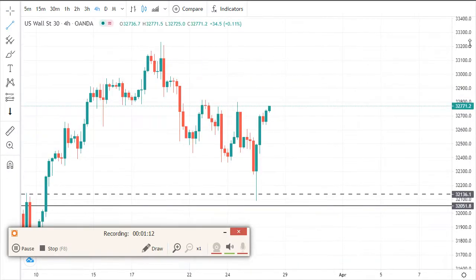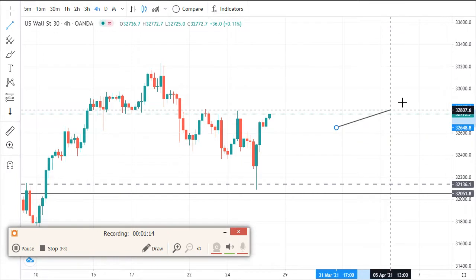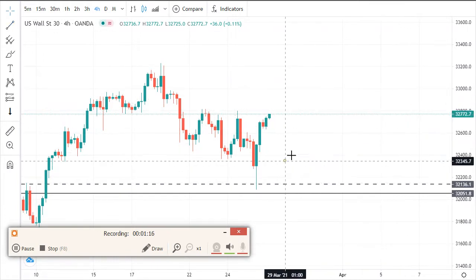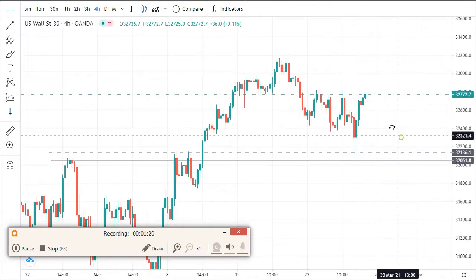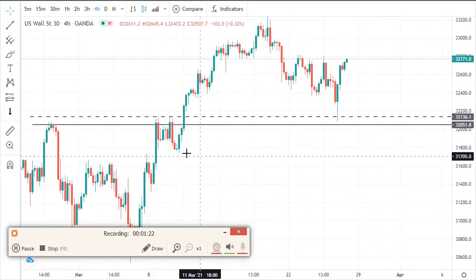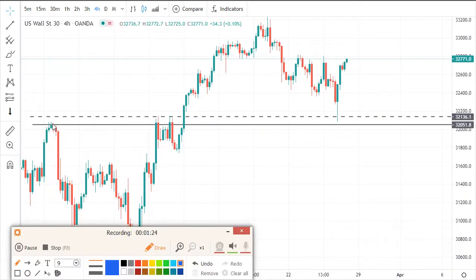But we also have a slightly downtrend movement. You should make sure that you know how to draw your trend lines, because I see other people use only support and resistance, but that way it's very difficult to catch moves like this.